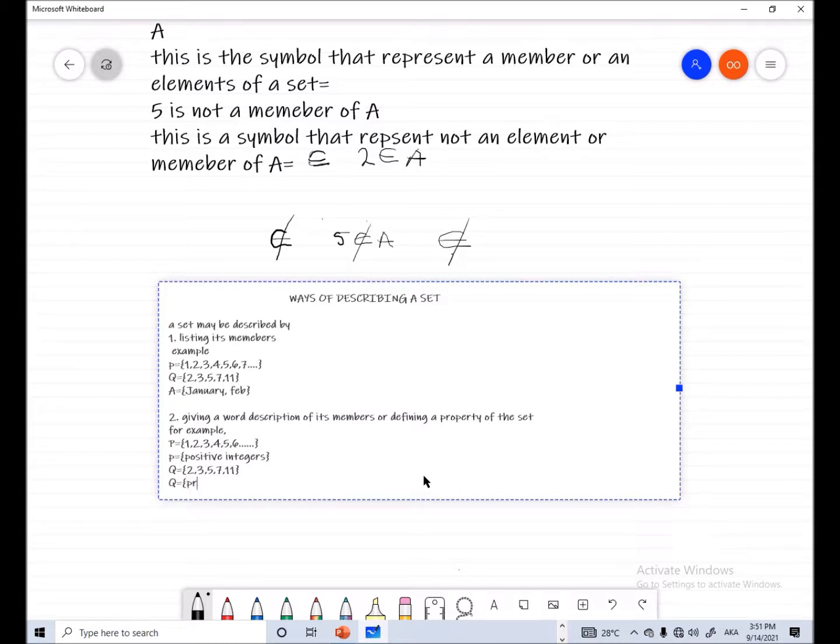So let me do my own: prime numbers less than 12. Because the prime numbers, we all know the prime numbers. We are going to look at those things: prime numbers, odd numbers, even numbers. We will go there very soon, so that it won't confuse you.